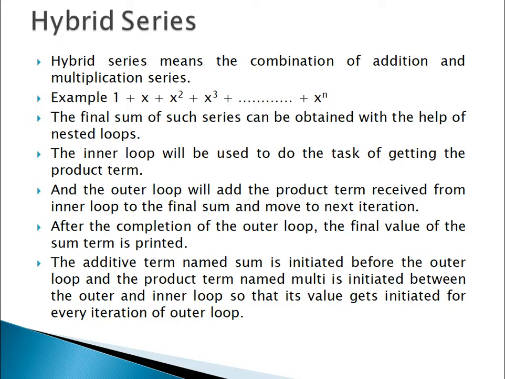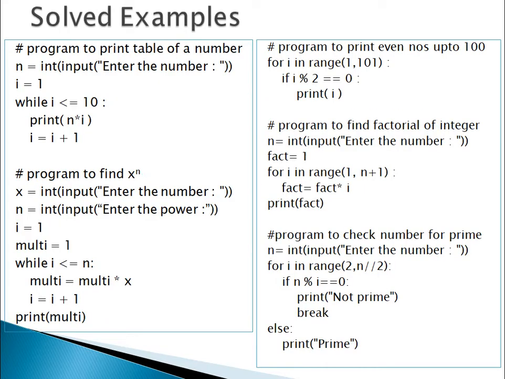Before the body of the inner loop, you must write the initialization statement of multi, and you must write the proper basic initialization of that sum element before the outer loop. Clear? This theory part must be clear before going to work with these practical questions. Now let us see some solved examples.